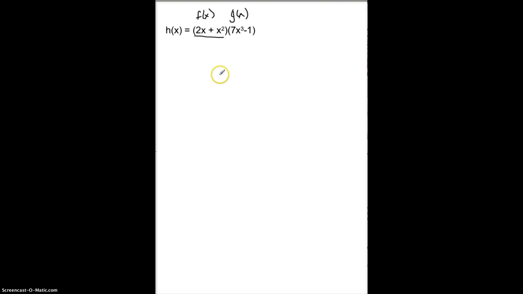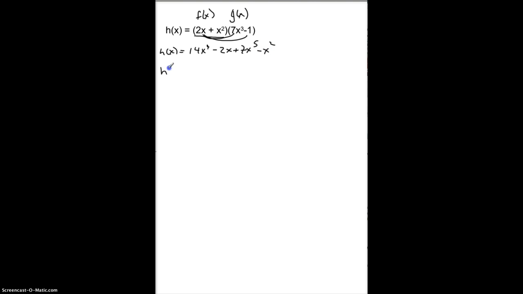Now, you can do this the long way without the product rule. So I'm just going to rewrite h of x, and I'm just going to expand this. All right, so this is 14x to the fourth, minus 2x plus 7x to the fifth minus x squared.